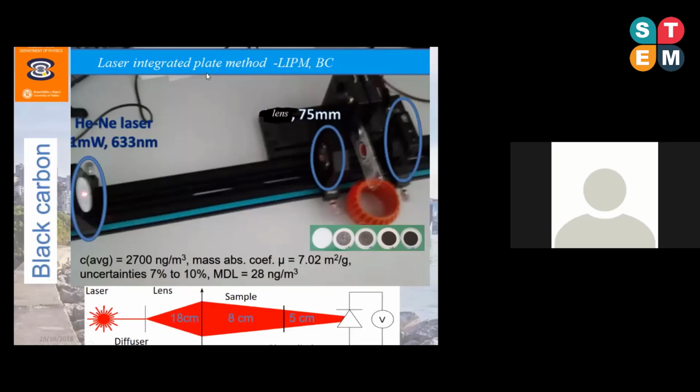The laser integrated plate method was used to obtain black carbon concentration. We use a helium neon laser, lens, and photodiode, and average concentration of black carbon was about 2070 nanograms per cubic meter.